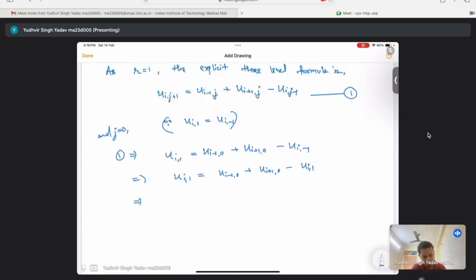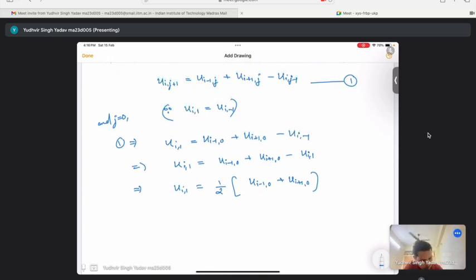And simplifying it further, we will obtain u_i,1 is nothing but 1 by 2 times (u_i-1,0 plus u_i+1,0). So this is the required finite difference scheme to solve the given problem. Let us number it 2.